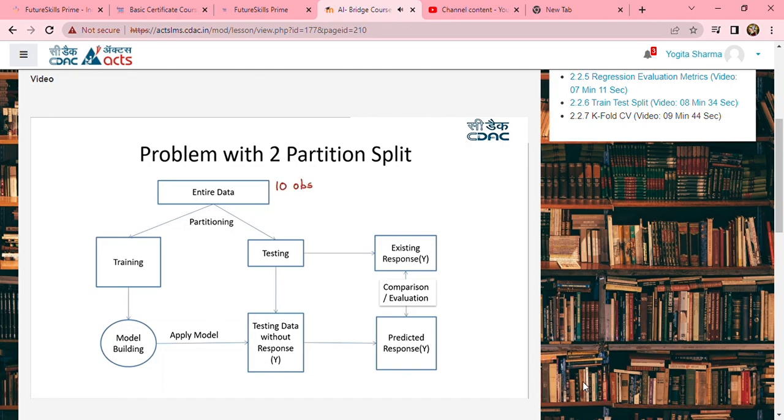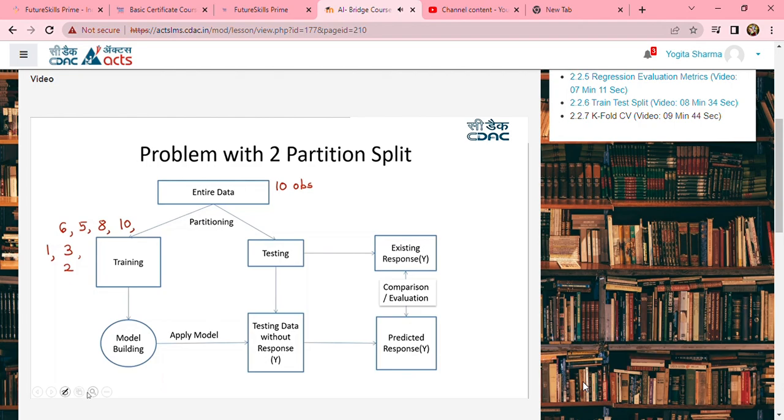Now, if these 10 observations are split randomly in the train test split, say that among the 10 observations, the 6th, 5th, 8th, 10th, 1st, 3rd, and 2nd are in the train set, then obviously the remaining will be in the test set.